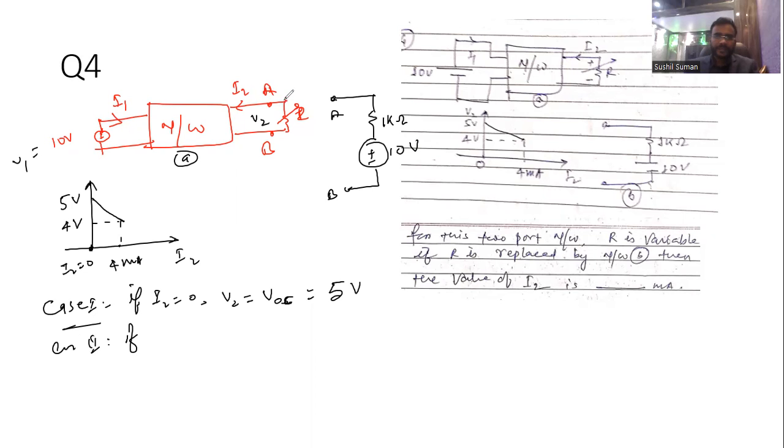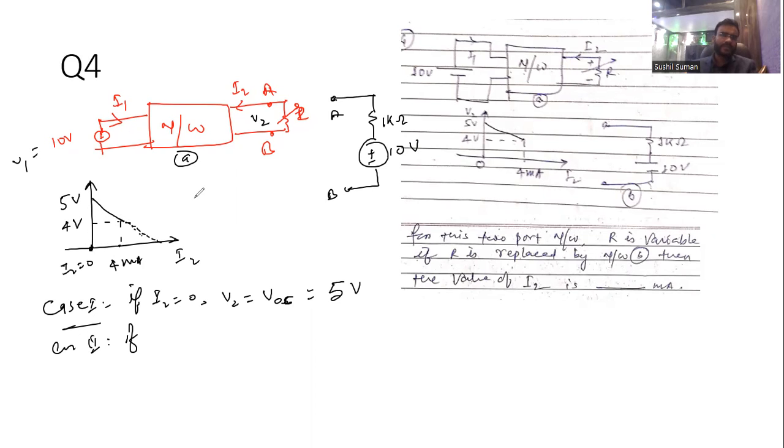If the load is short circuited, when V2 becomes 0, if you extend this line, at what current does V2 become 0? Because at 4 volt the slope is this one.